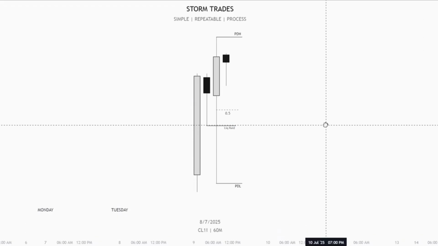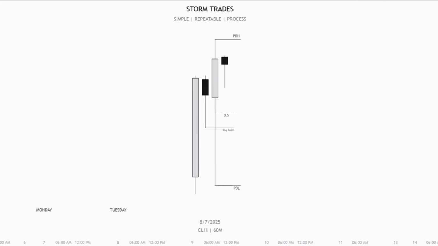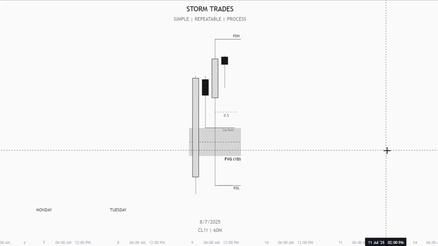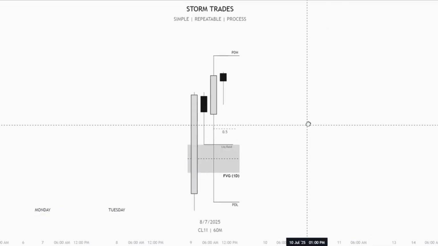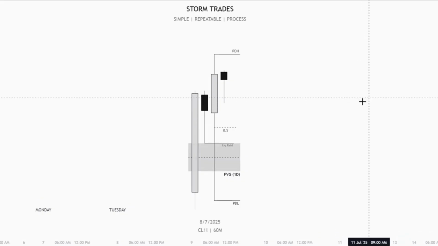We have a liquidity raid, and when we liquidity raided, we did that into some internal range liquidity. Price books from internal to external and vice versa. So when we have price that's most recently delivering out of some internal range liquidity after sweeping a previous daily low, we would expect price to move higher and to seek external range liquidity.